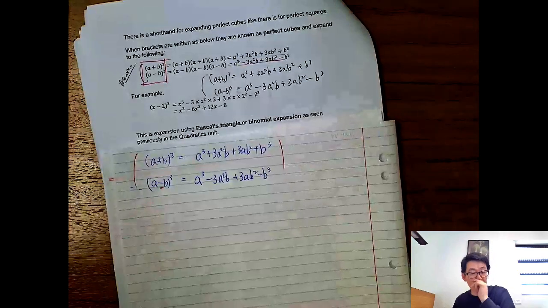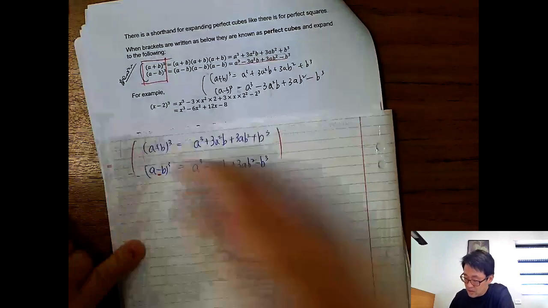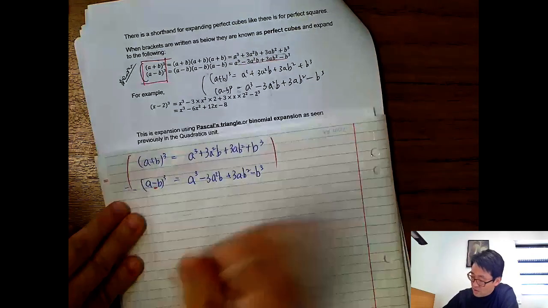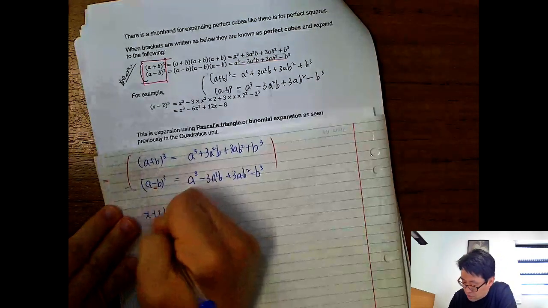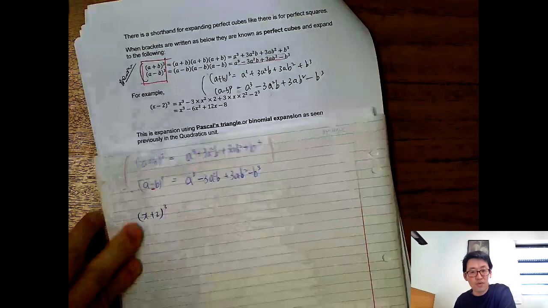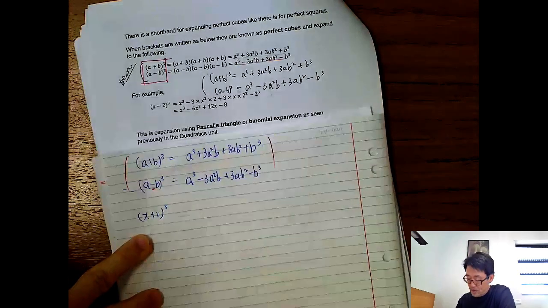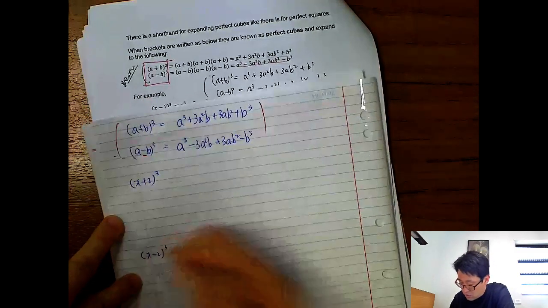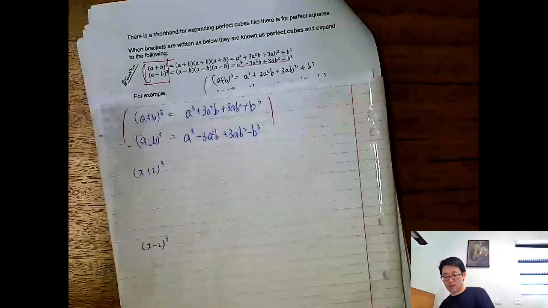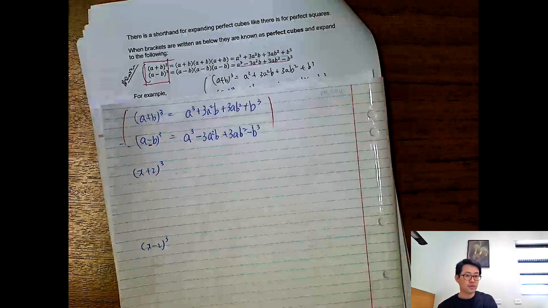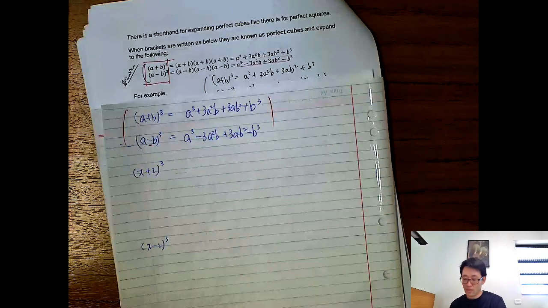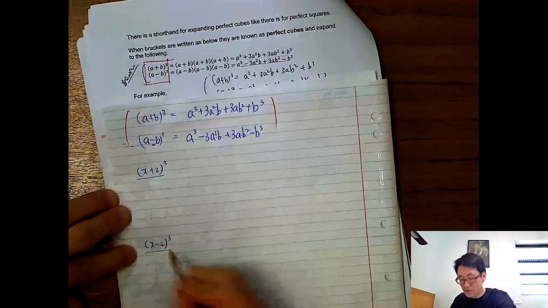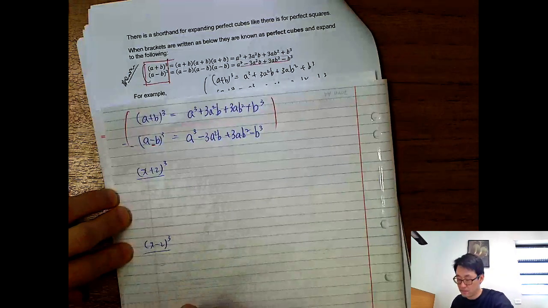That makes sense? Yep, you can use that directly. So in this case, can you do x plus 2 cubed first? And then, like this, you can do x minus 2 cubed. I'll let you do that first. This one and that one. Pause it and do it.